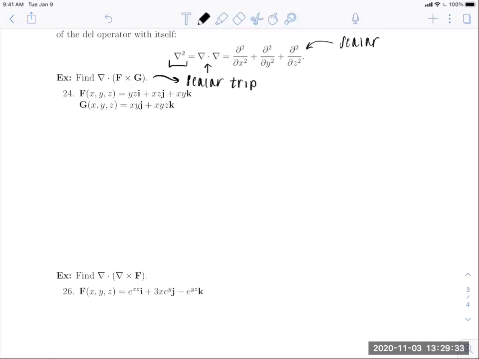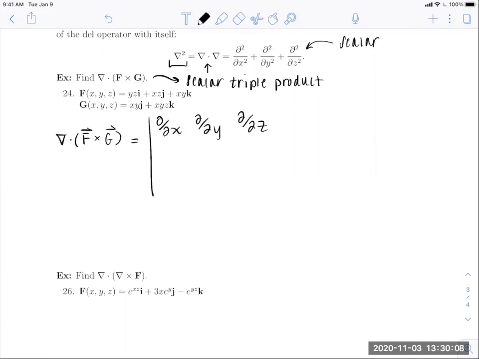And so we saw this way back in chapter 11, that we can carry this out in one fell swoop if we just set it up as the determinant of a 3x3 matrix. And so what I'm going to do is I'm going to say, all right, look, if I want to do this all at once, del dot f cross g just is the determinant of the del operator across the top, which is del del x, del del y, del del z.